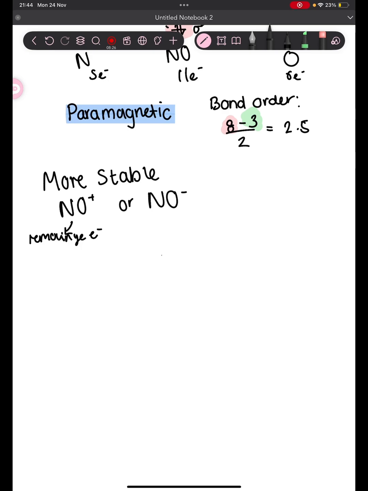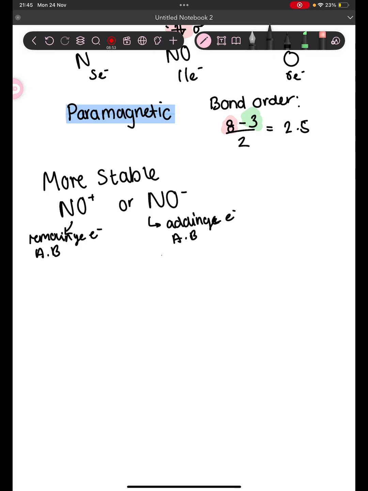So this would be the pi antibonding, so removing it from the antibonding, which I'm going to denote as AB. And the opposite for NO minus, we're adding an electron, so again we want to add this into the pi antibonding, so we put antibonding again.